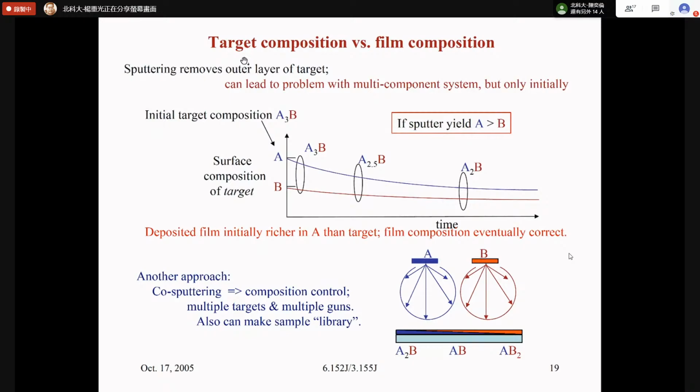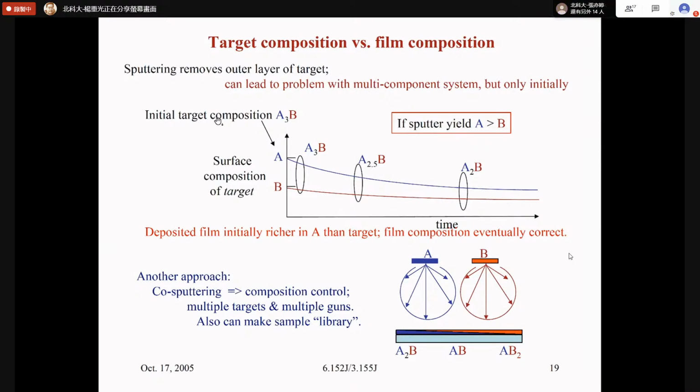So, the target composition versus the film composition. Well, we understand sputtering is to remove the outer layer of the target. So normally this leads to a problem with the multi-component system. At the beginning, there is some impurity on the surface.